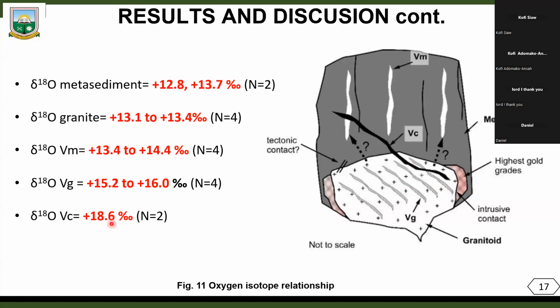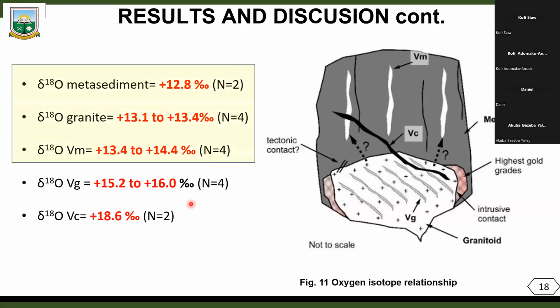So we could see that there are variations within the vein systems and also the granitic rocks. Based on the overlapping nature of the first three, the metasediments, I want to consider it to be because of the strong heat coming from the granitoid as it encountered the sediments.